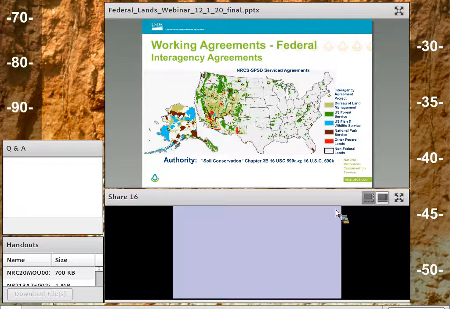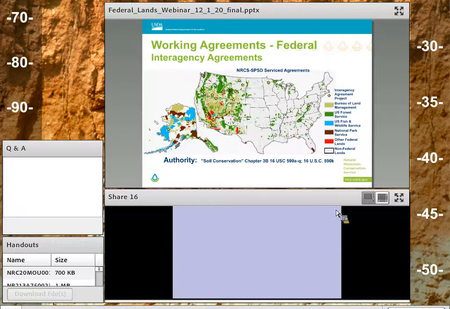And I wanted to mention as well here the authority citation at the bottom of the page is the specific authority that NRCS can utilize to service interagency agreements with our partners. And the benefit of that is the partners can really cite whatever authority best suits their funding source.